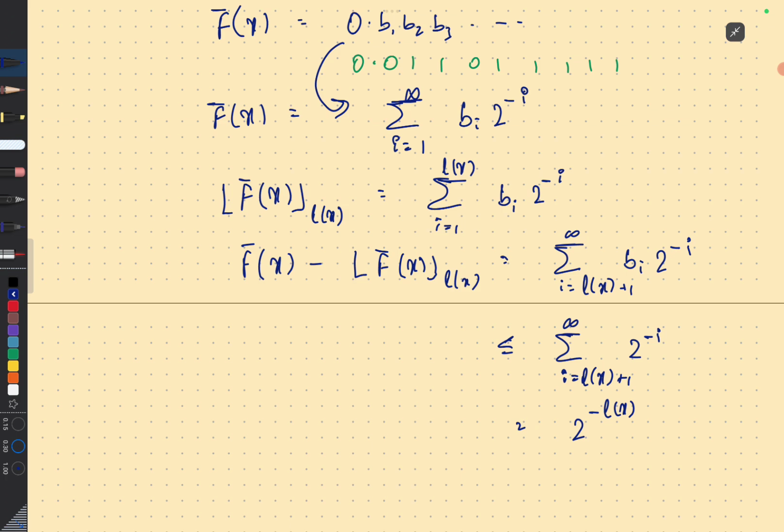Now let's say I truncate each symbol to the following number of bits. L of x is the ceiling of log 1 over P of x, right?